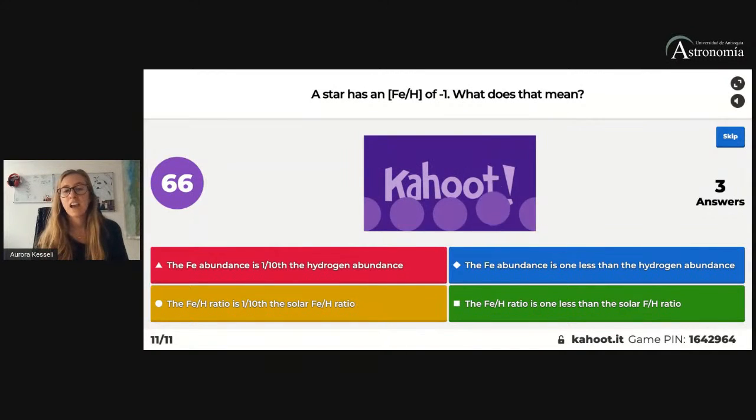Does it mean the iron to hydrogen ratio is 1/10 the solar iron to hydrogen ratio? Or does it mean the iron to hydrogen ratio is 1 less than the solar iron to hydrogen ratio? Oops, that's supposed to say Fe. So this is just about what the Fe/H nomenclature means, which I always think is so confusing.